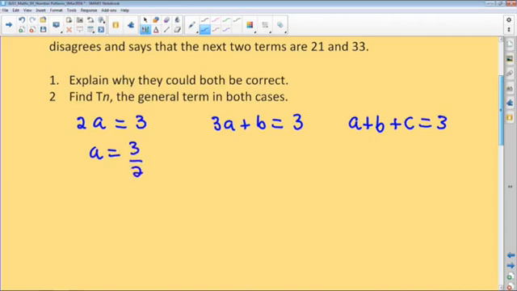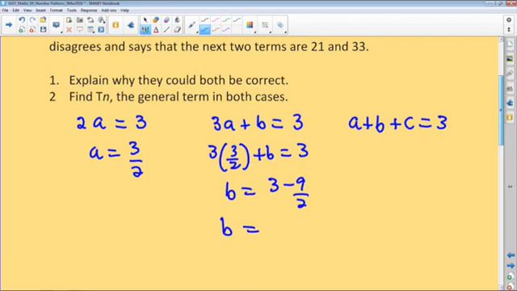Once you get a, you substitute here, so 3 bracket 3 over 2 plus b is 3, and then b is 3 minus 9 over 2, so b is minus 3 over 2. Once you have a is 3 over 2, b is minus 3 over 2, plus c is 3: 3 over 2 minus 3 over 2, then you get c is 3 in that case.